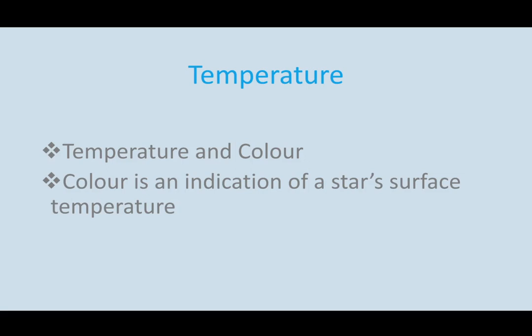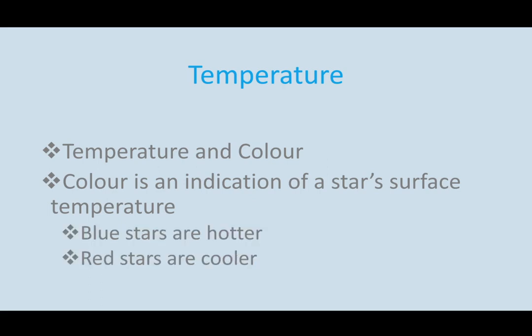So looking at color, again, color is an indication of a star's surface temperature. So we just saw on the last page how the color determined what the temperature was. Blue stars are hotter and red stars are cooler. So again, it's almost similar to the flame on a Bunsen burner. When we talked about it in our demonstration, the blue flame meant it was hotter than the red flame.